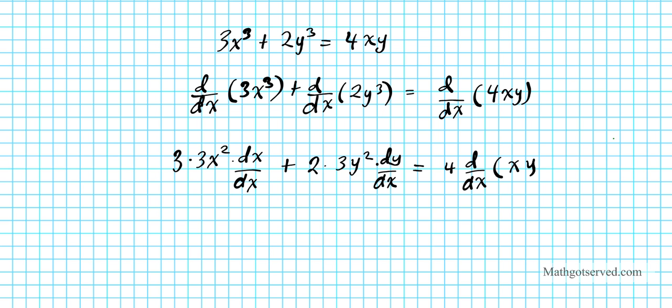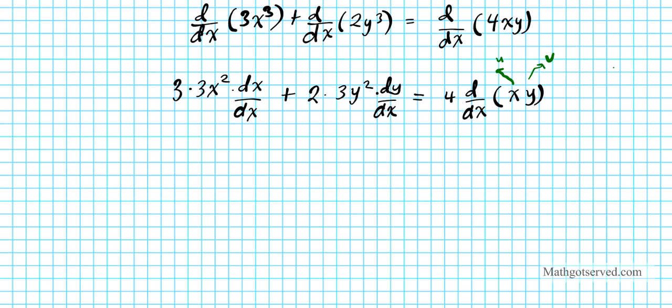All right, so we have a product of two functions here. We're going to use the product rule. This will be u, and this will be v. Remember that the product rule tells us that the derivative of a product of two functions is u v prime plus v u prime, right? So that's what we're going to be doing on the right side here.